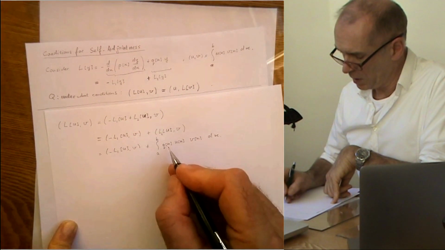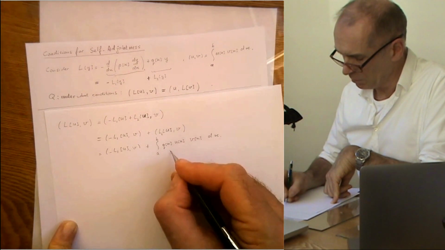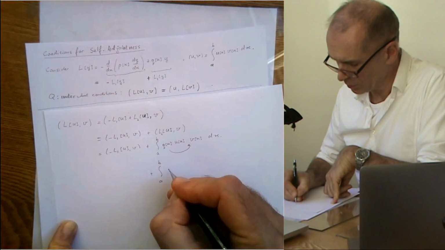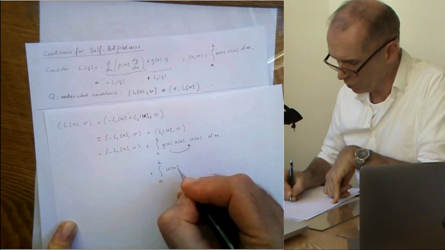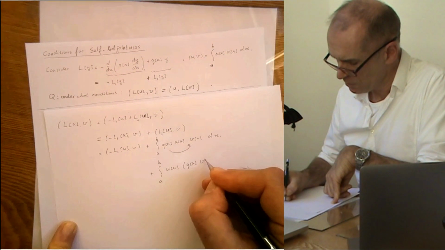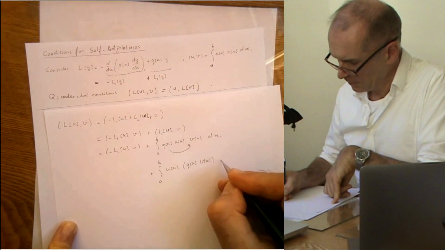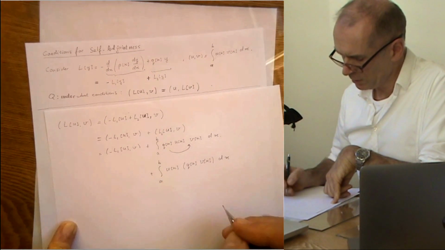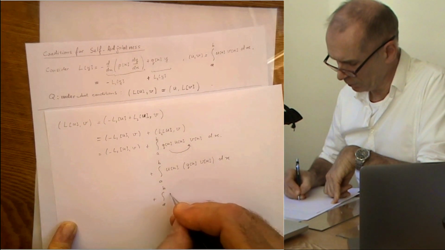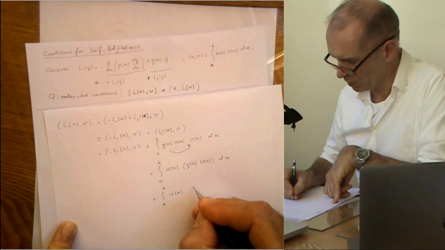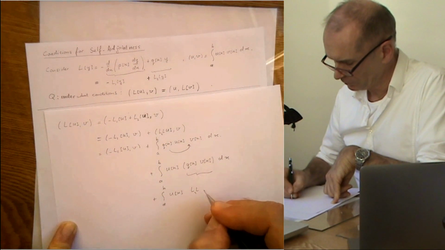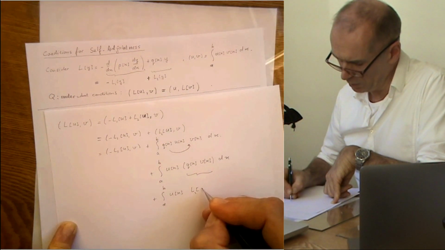But of course I can move this q about. It doesn't matter a bit. This is just ordinary multiplication of functions, so I can now write it so that I first multiply v by q, and then by u, and then I integrate. But this, of course, is u, and then this is the definition of my L2 as I had it on v.